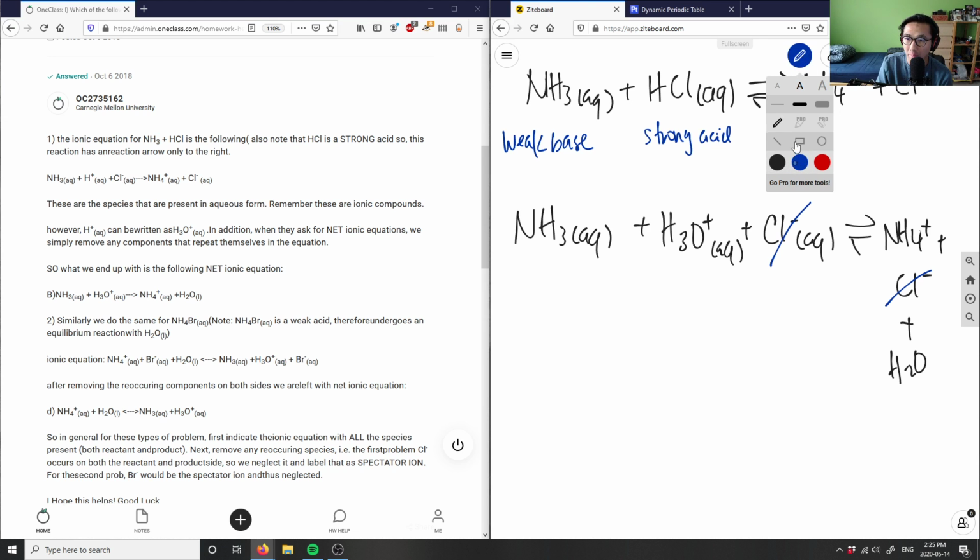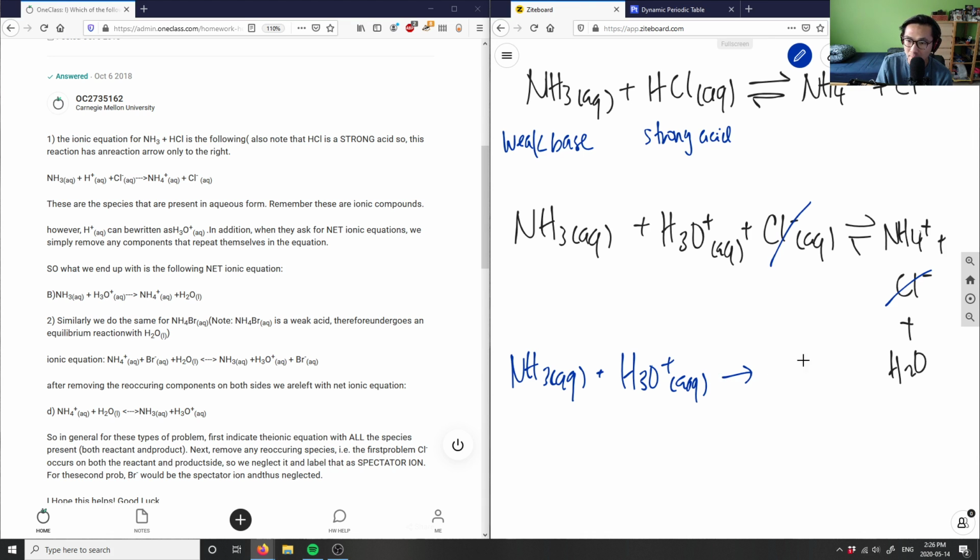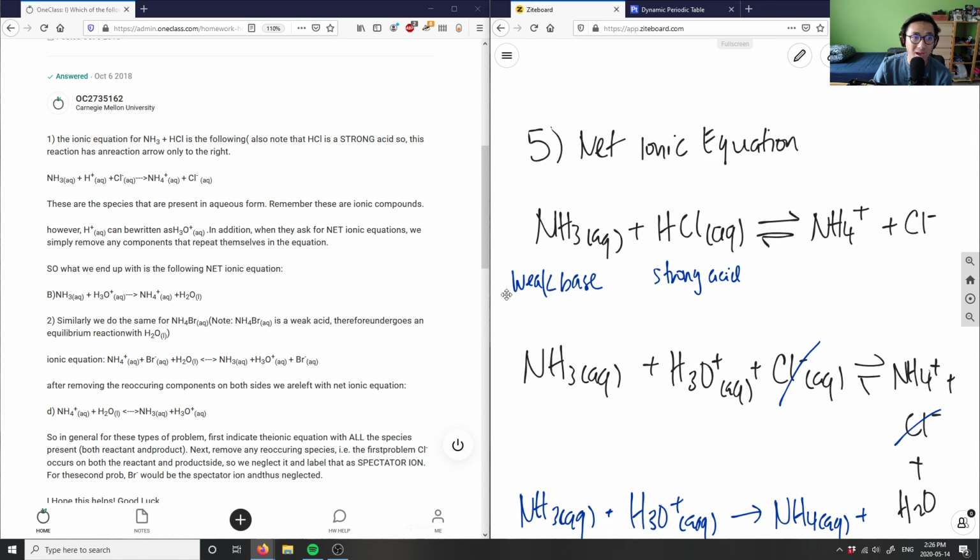Therefore I can rewrite my net ionic equation as NH3 (aq) plus H3O plus reacting to form NH4 plus, ammonium, plus our water, which is in liquid form, sorry. This here is our net ionic equation for 1, because I can simply cross out the chloride ion, and this will be our net ionic equation for 1A.